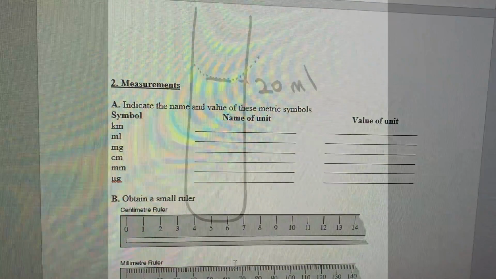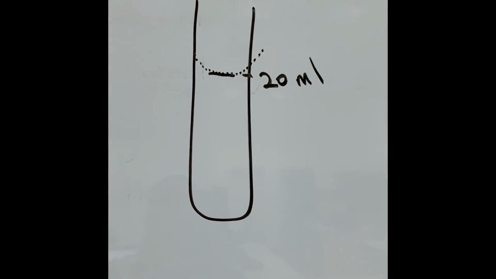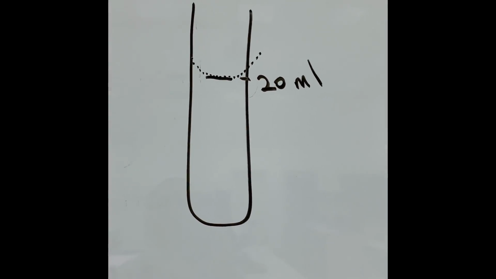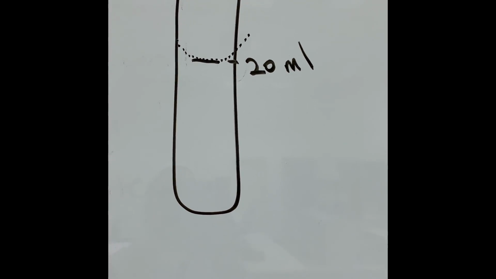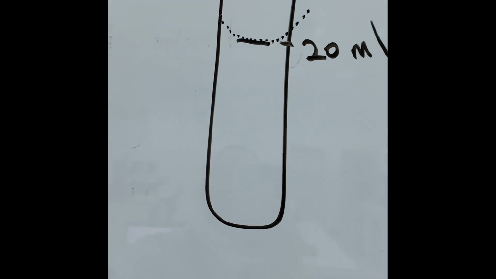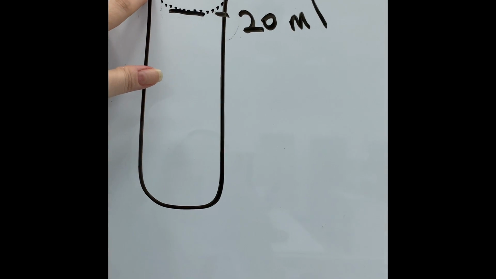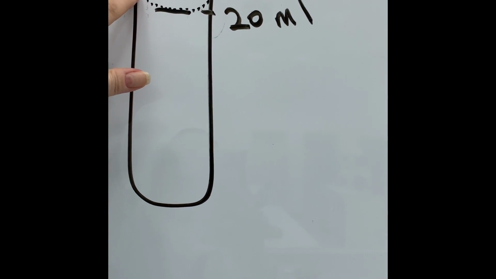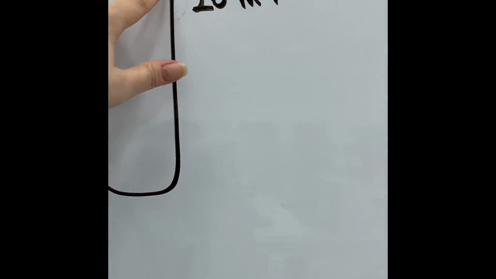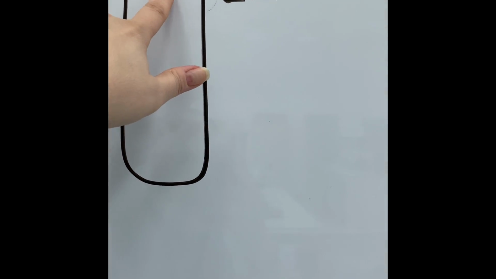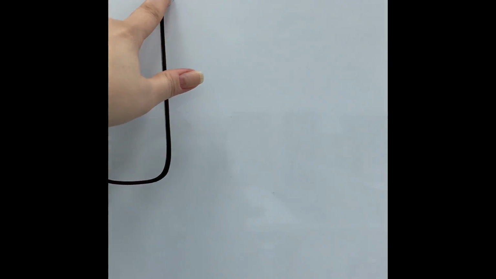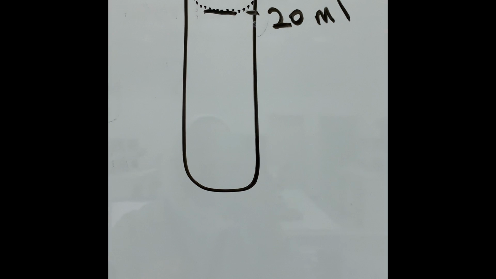Okay? When I told you about the glassware and that we have to take the meniscus into account, I'm speaking of the air inside the glassware. When I measure, I need to look at the curved shape of the liquid itself, and the bottom of the curve should touch the required number or milliliter mark that I need.